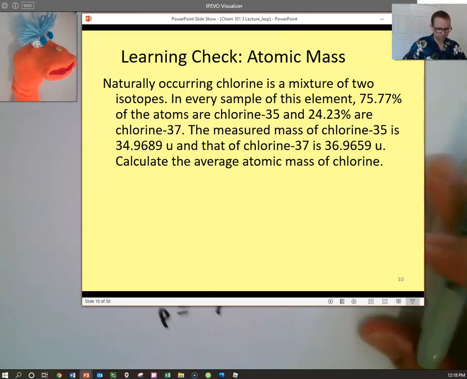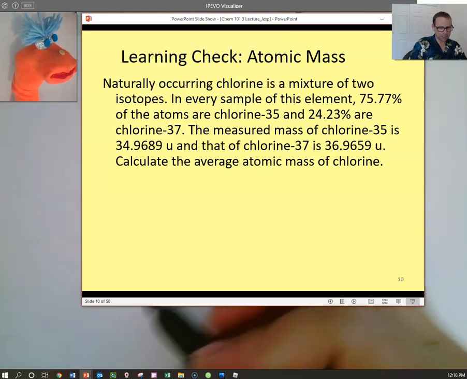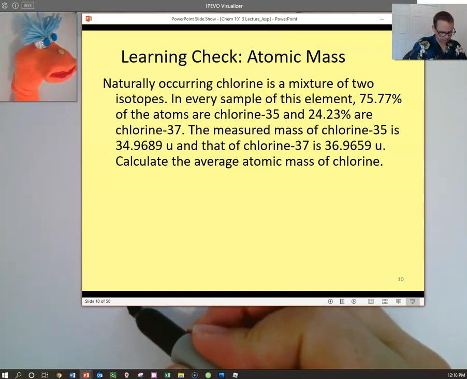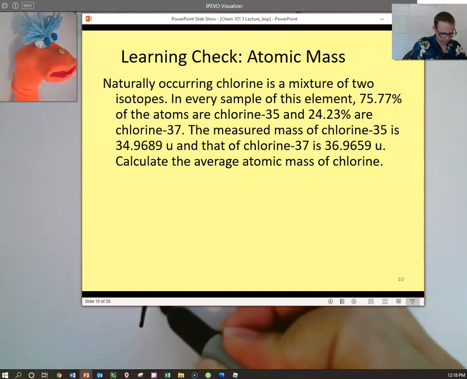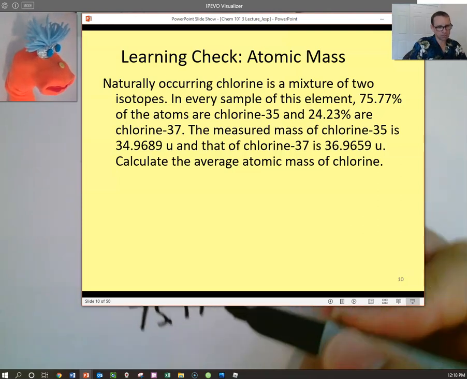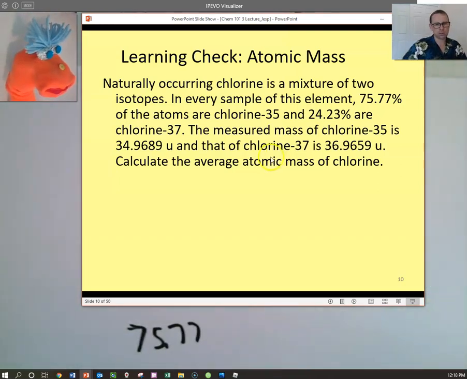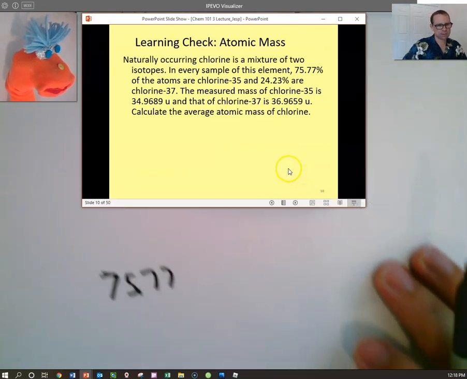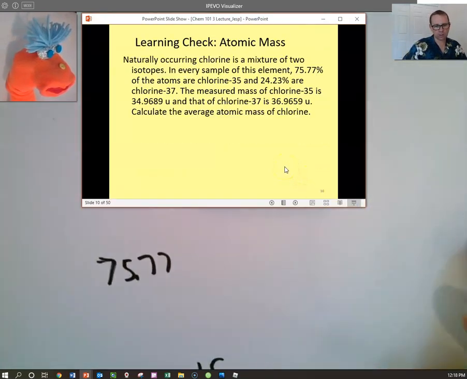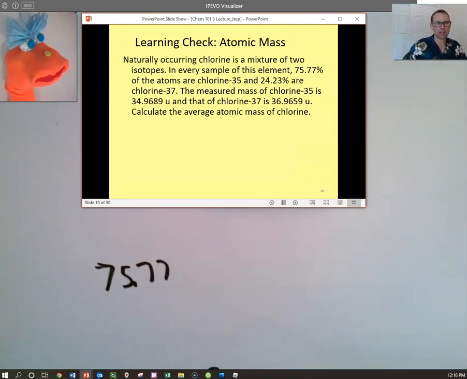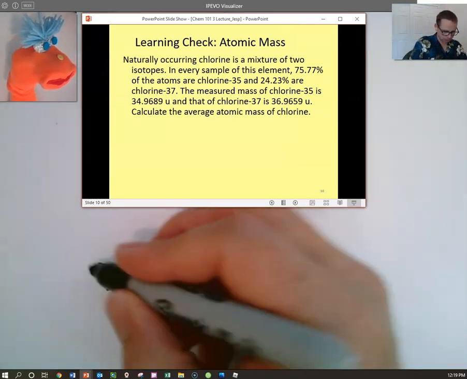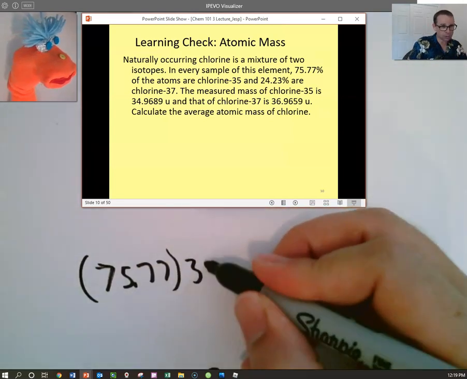All right, so what we would do is we would take our 75.77. Let's get this a little bit smaller. We take our 75.77 and think of that, because it's a percentage, as out of 100. So we would think of that as how many atoms would have the mass of chlorine 35, in this case 34.9689.